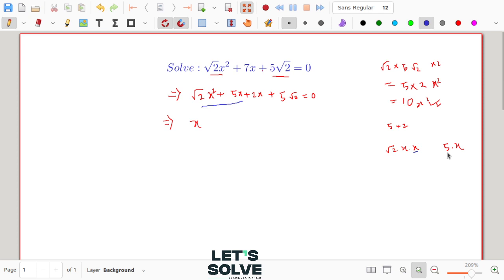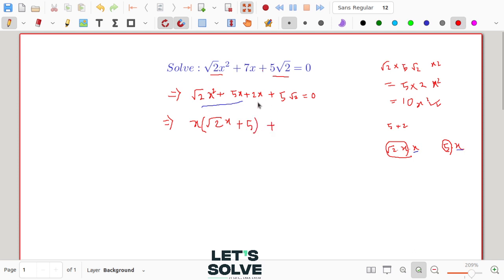Here x is common, here also x is common, so we can take x as common. For the first term, what is left is root 2x, so we write root 2x plus, out of 5x, x is common, so 5 is left, so we write 5.